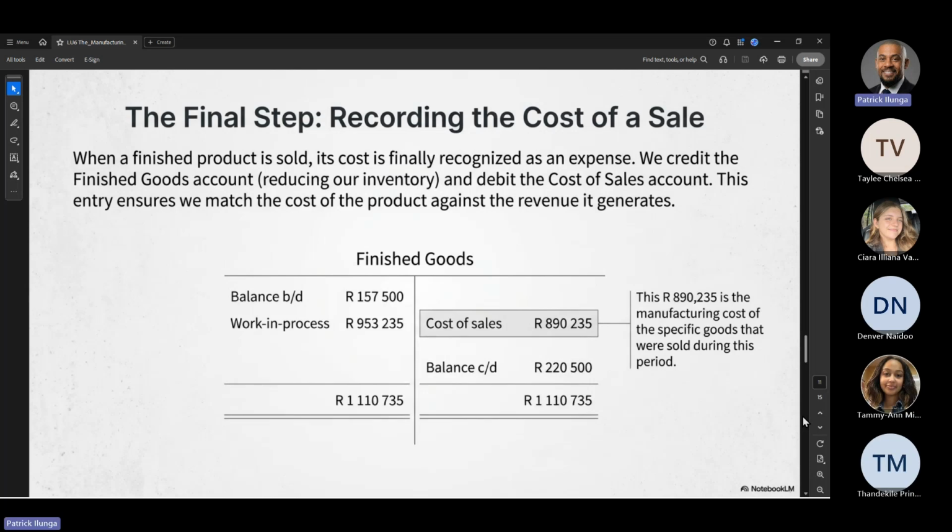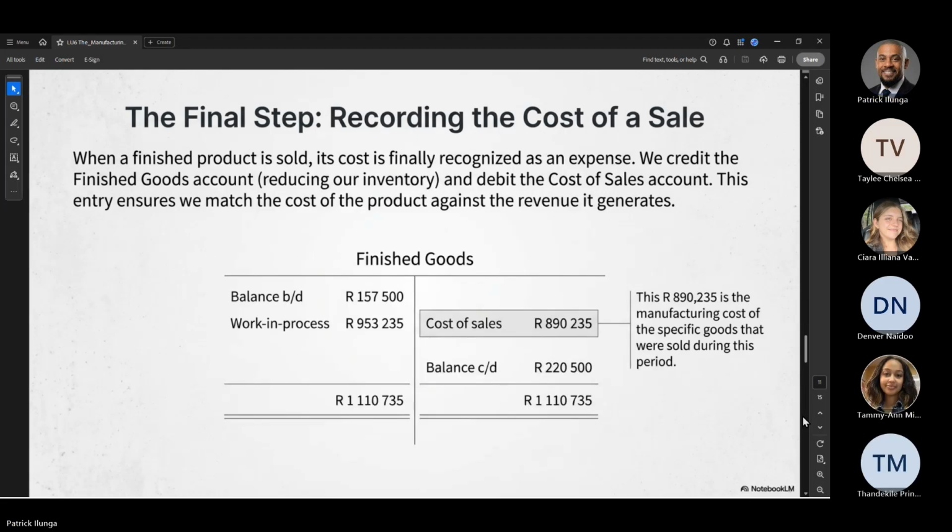So when a finished product is sold, its cost is finally recognized as an expense. Remember, we talked about the manufacturing and the inventory. I told you last time, on the two statements, the income statement and the balance sheet, which ones are important with regard to this tracing?